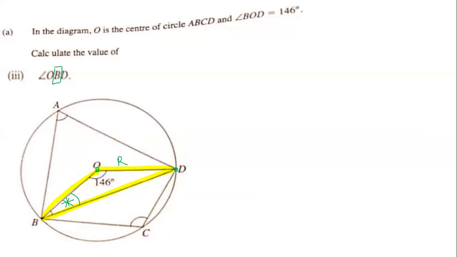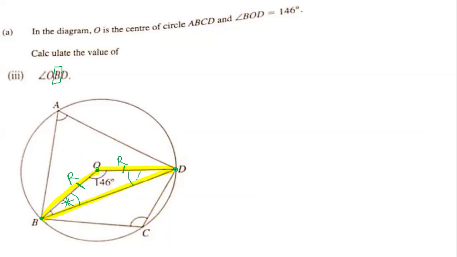So both of these lines are radii of the circle. So that means that both of these are equal. So we actually have a triangle in which two sides are equal to each other. And so we're looking at an isosceles triangle.